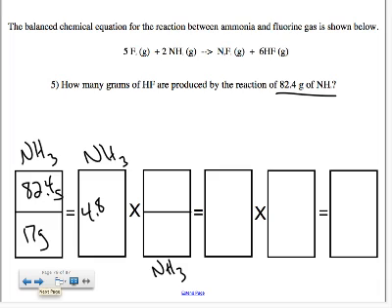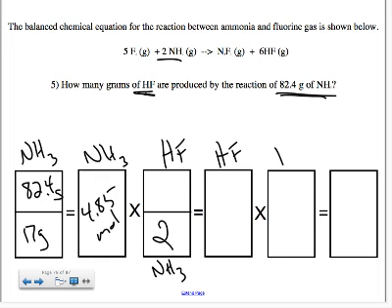4.85 moles, and then we need to do the mole ratio. So our known was ammonia. That has a coefficient of 2, which goes on the bottom, and we're looking at our unknown, which is hydrogen fluoride, and in the equation that has a coefficient of 6.